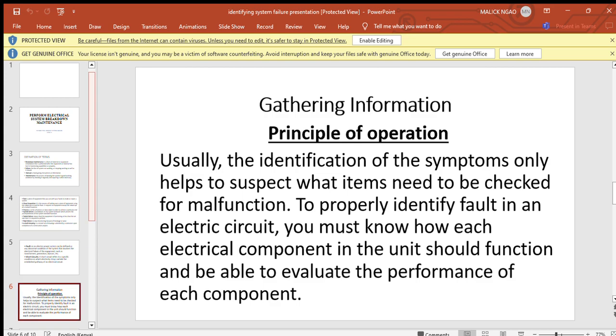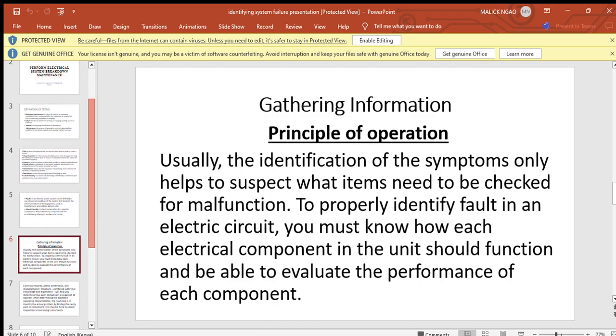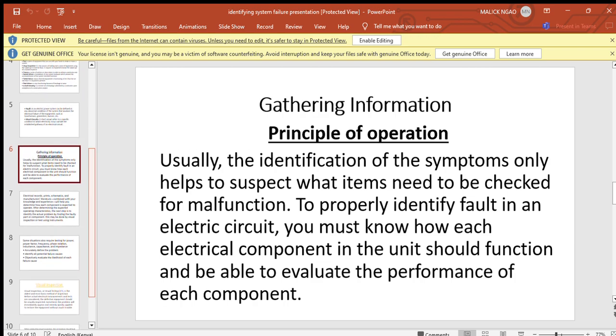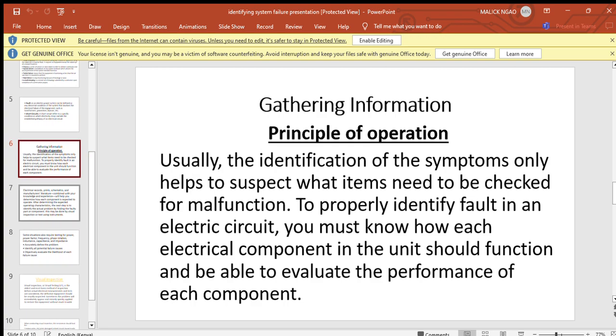After getting prior knowledge about a system, you should understand how its components work, and how to perform repair and maintenance.